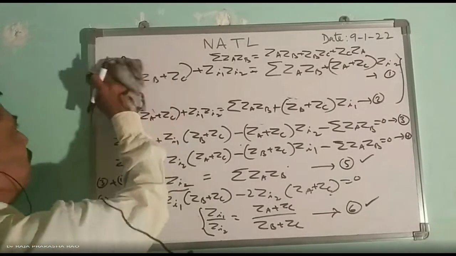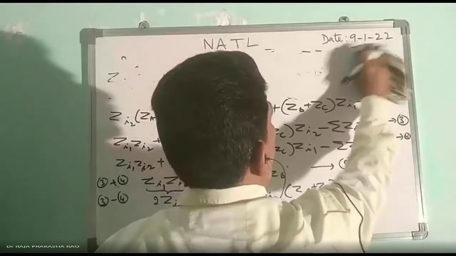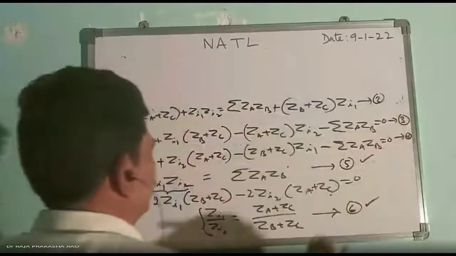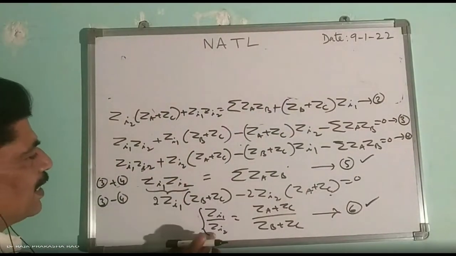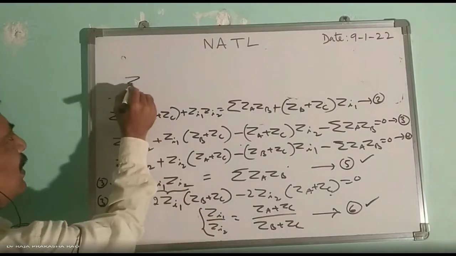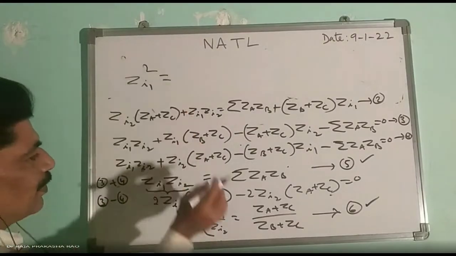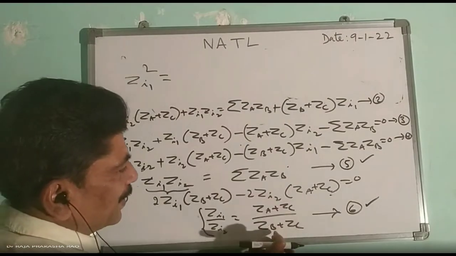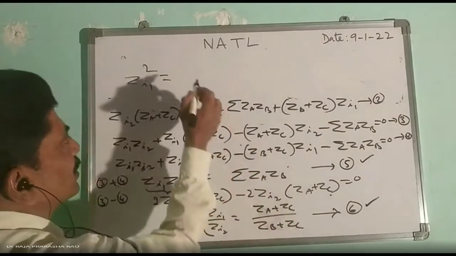So multiply these two, Zi2 will get cancelled, Zi1 into Zi1 will be Zi1 square is equal to, and on the RHS you also have to multiply the terms now: Za plus Zc by Zb plus Zc into sigma Za Zb.